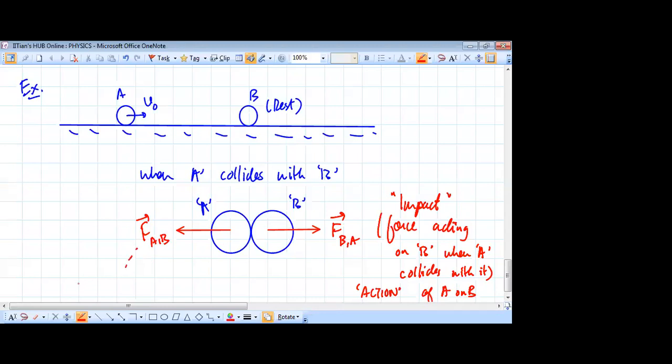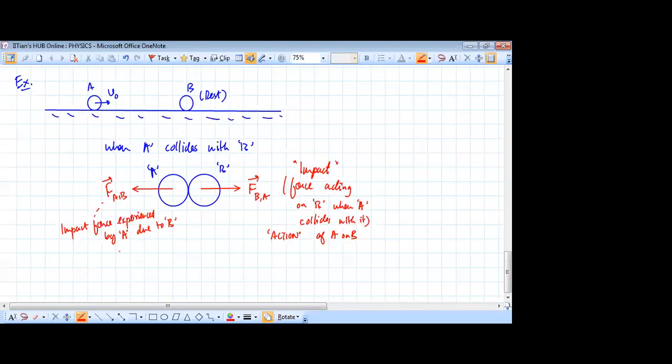So this is the impact force experienced by A due to B when A collides with B, or when A impacts.